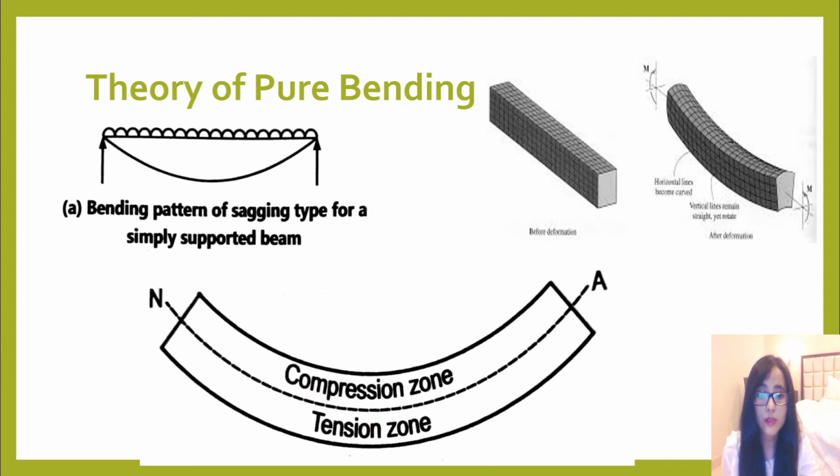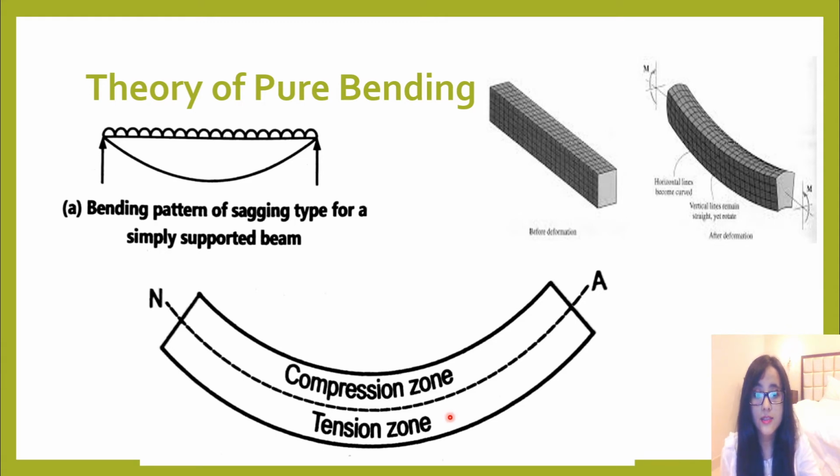All the layers above the neutral axis are under compression. अब ये neutral axis के ऊपर जो भी layer है, it is under compression, and all the layers below this neutral axis are under tension.